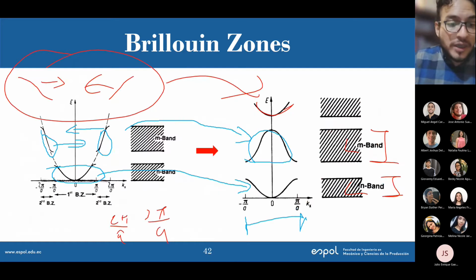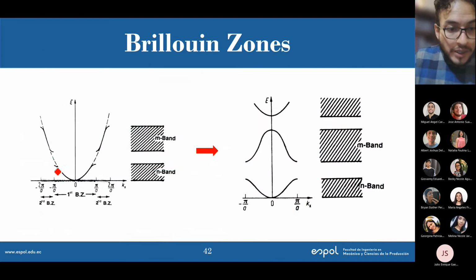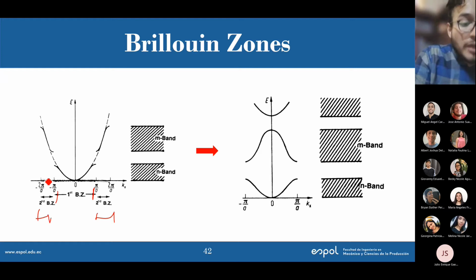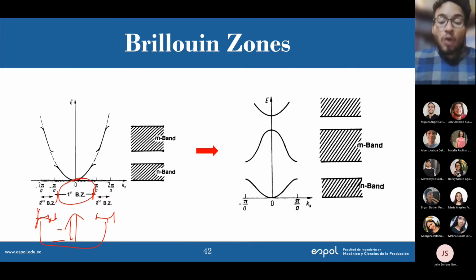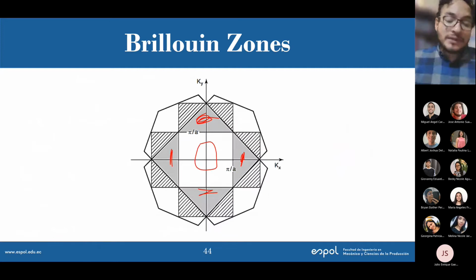And that's why here, we said from here to here is the first Brillouin zone. Yes, but the second Brillouin zone, oh, it's only from here to here? No, because it has another component, that's this one. If you add up these two, they're going to be equal to the first Brillouin zone. So all Brillouin zones have, in this case, the same area.